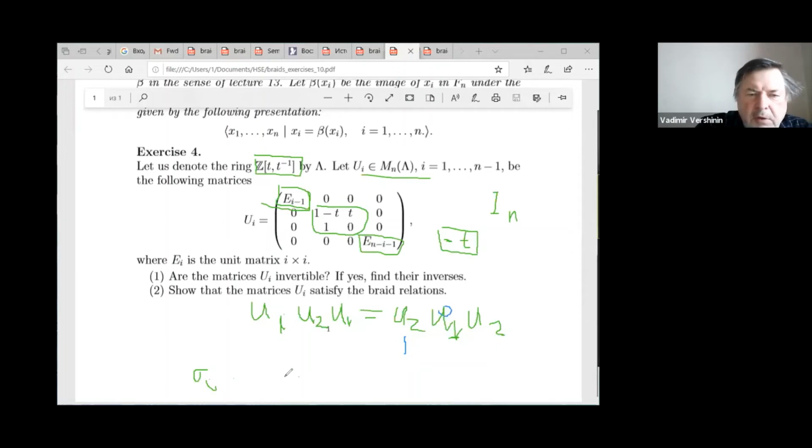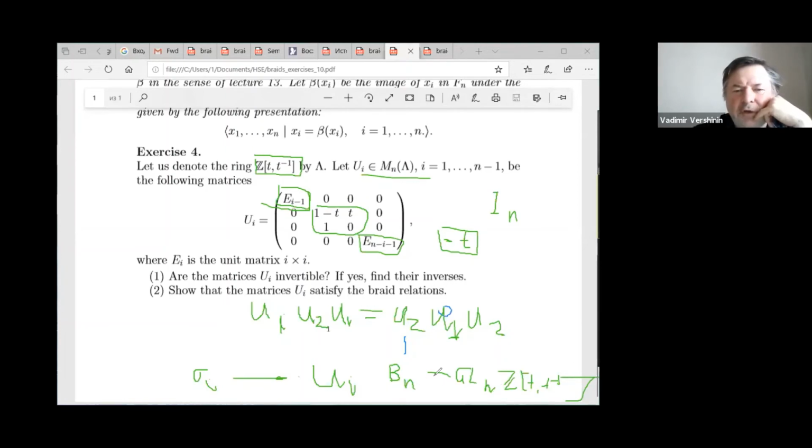and then you can make a homomorphism. Sigma_i goes to U_i, and then it defines a homomorphism from B_n to matrices GL_n(Z) over Z[t, t^-1].